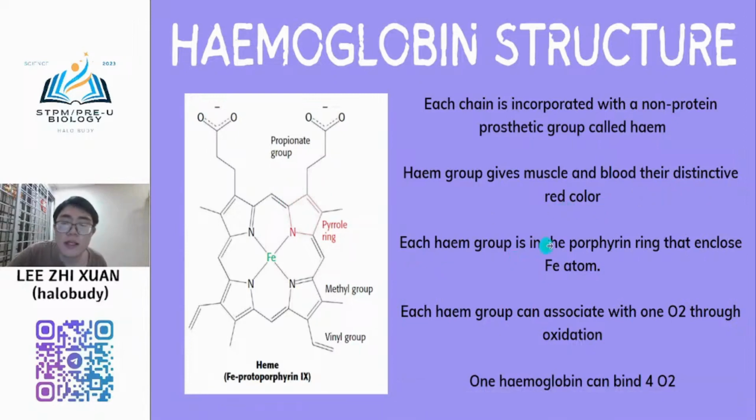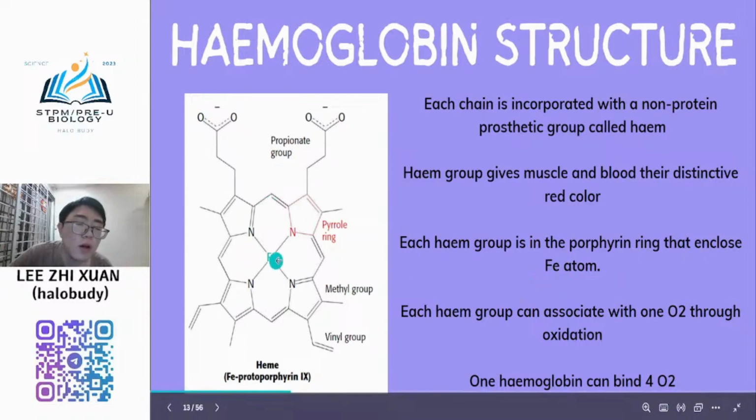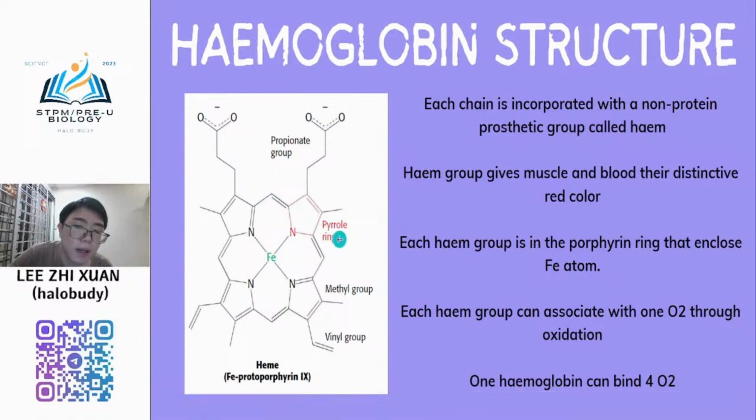Each hem group is in what we call a porphyrin ring that encloses a ferrum atom. Each hem group is enclosed in the porphyrin, and at the center there is the ferrum atom, the iron atom, here.